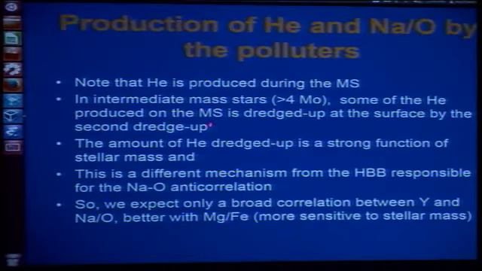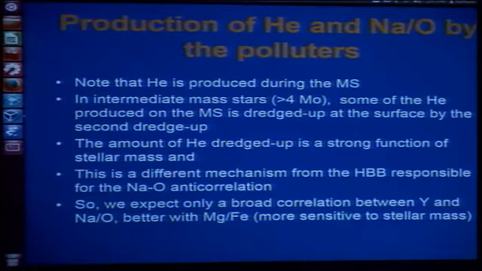So there is, in principle, no real reason why the two should be strongly correlated with each other. There are two different phases of star formation that are involved. In reality, both of them go in some way with the mass. So at the end, there is a correlation between the two, but it is not one-to-one.